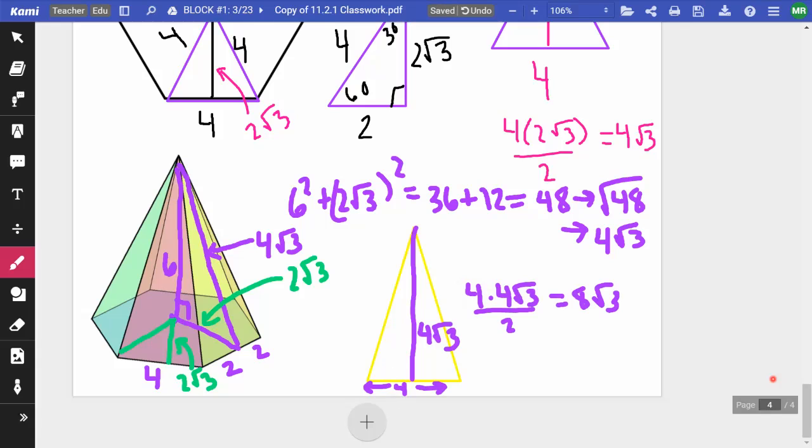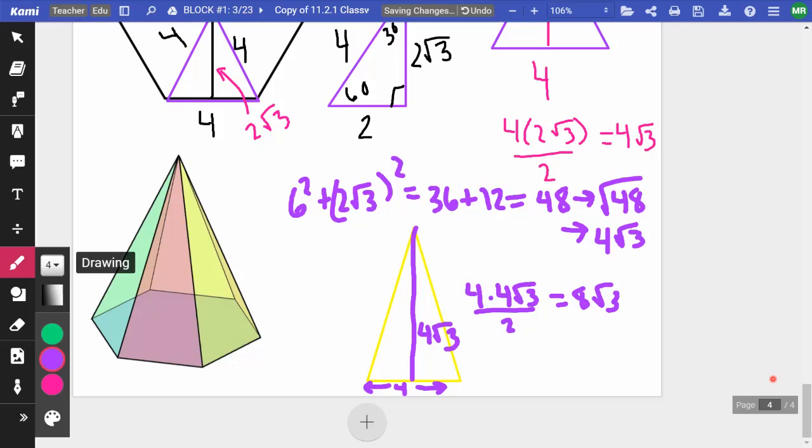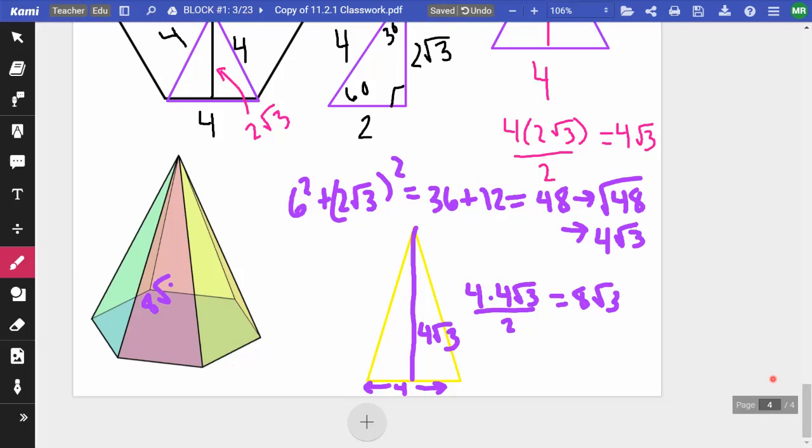Let me just get rid of this for a second so we can see what I just found. This is 8 root 3. This is 8 root 3. Each of these triangles is 8 root 3 all the way around. So I'm going to have 6 triangles, so 6 times 8 root 3, which is 48 root 3.